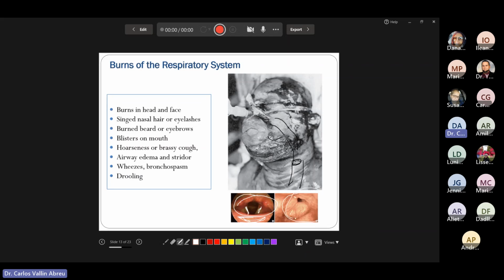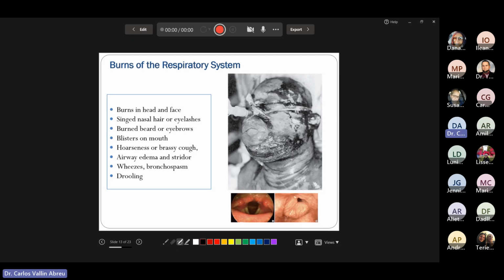Burns and heat produce vasodilation, leak of liquid into the interstitial space, and swelling. So this hole that should be this size will become this size or totally absent. So obviously this is the A of ABCs. The burns can continue deeper to the bronchi and alveoli, and then we can have pulmonary edema.